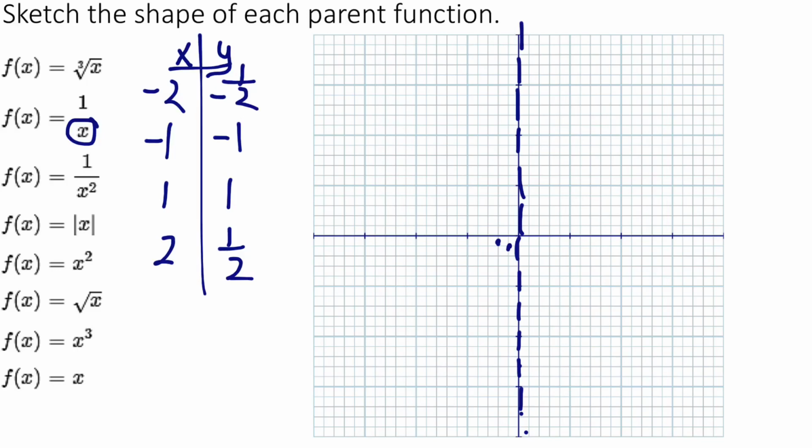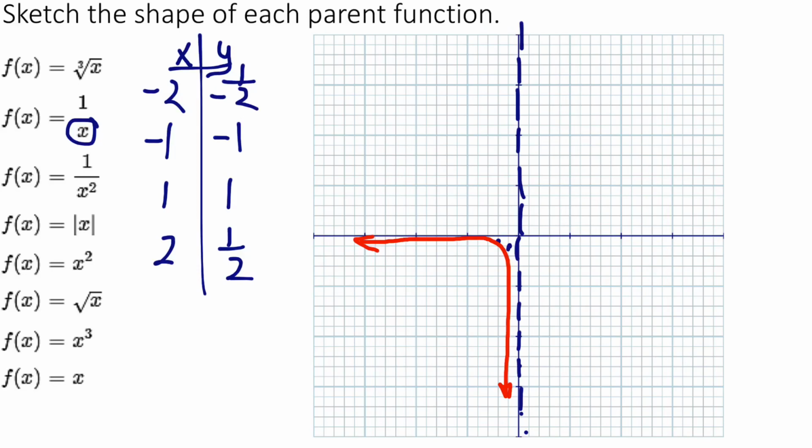And what you're going to find out with this graph is that it approaches the vertical asymptote and goes down. It approaches the horizontal asymptote, and the horizontal asymptote is y is equal to 0. Now, horizontal asymptotes we learned by the rules. So the rule was if the degree of the top is less than the degree of the bottom, which it is in this case, your horizontal asymptote is y is equal to 0.